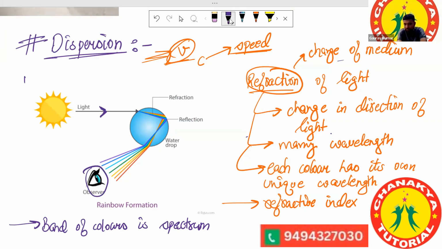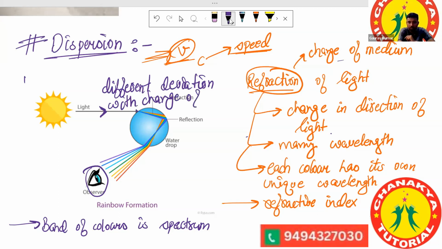So how is it happening? This white light has 7 types of colors. These 7 types of colors have different wavelengths, and these different wavelengths have different deviation with change of medium. So if these different lights have different deviation with change of medium, they will deviate differently.